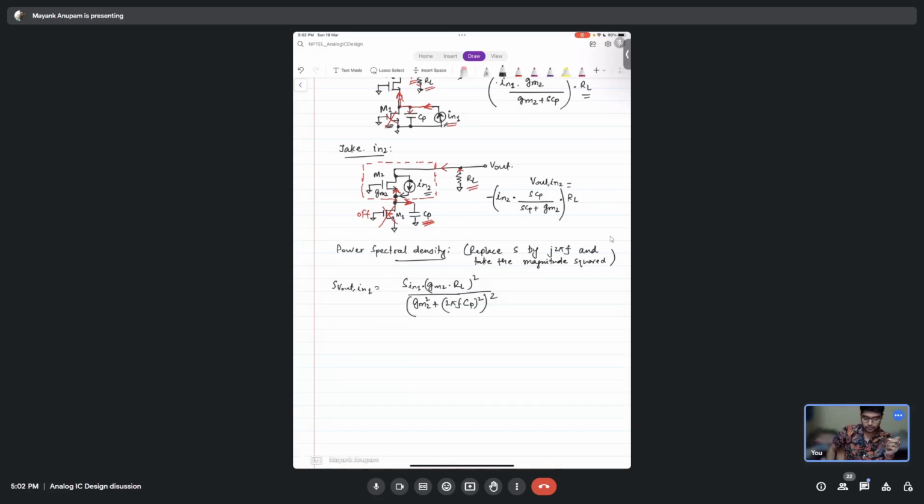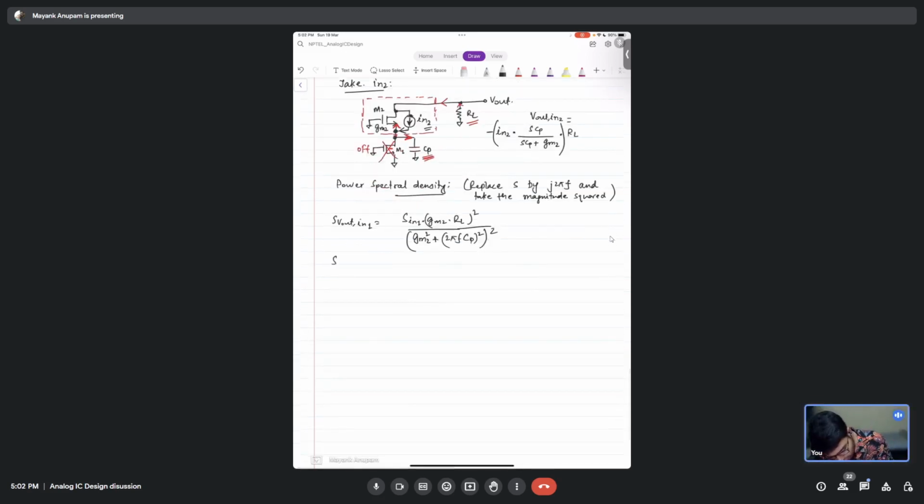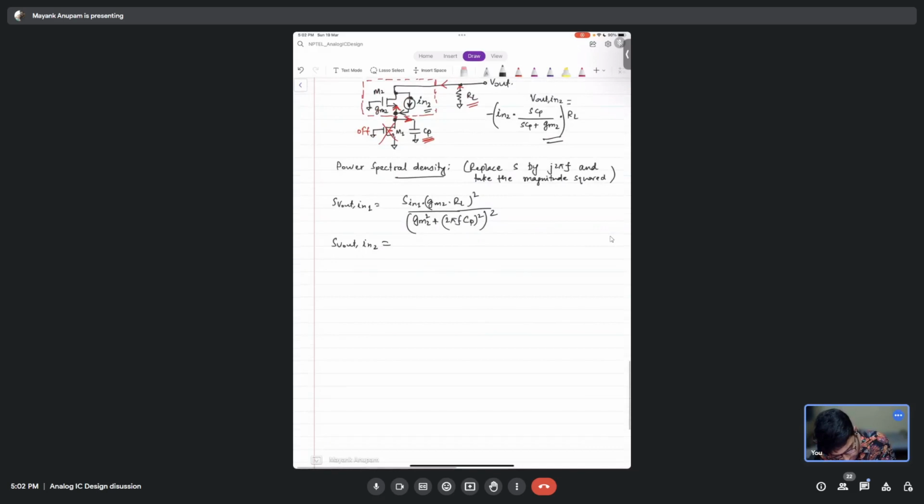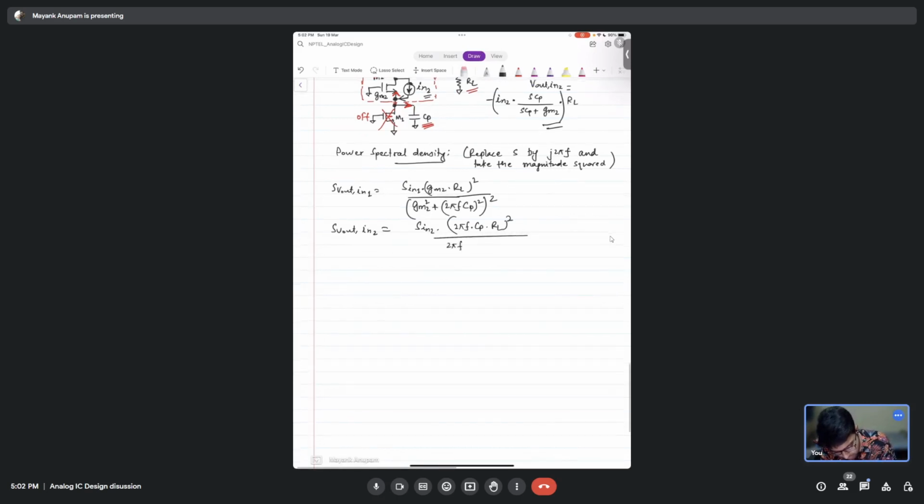Is that clear? Yes. Cool. And what is SV out due to IN2? This is right, so it is equal to SIN2 times 2πf times CP times RL whole square, divided by 2πf CP square plus GM2 square, and then the whole square. Correct?